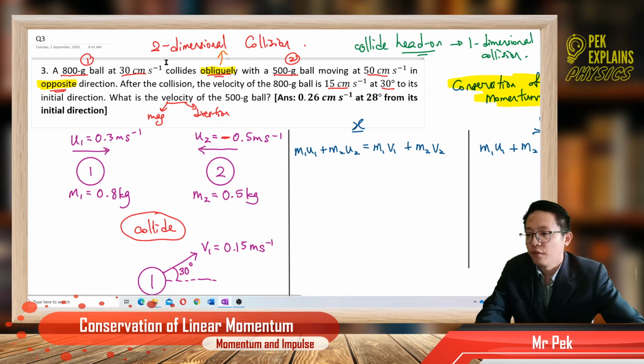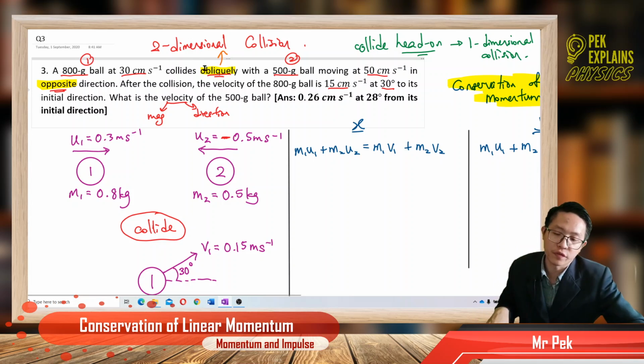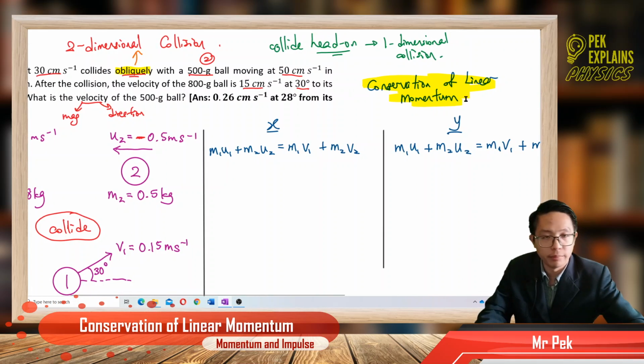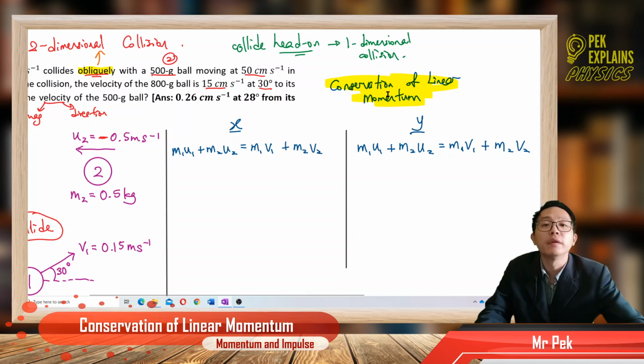For collisions, we always use the principle of conservation of linear momentum, because no matter whether it's an elastic or inelastic collision, the momentum is always conserved.